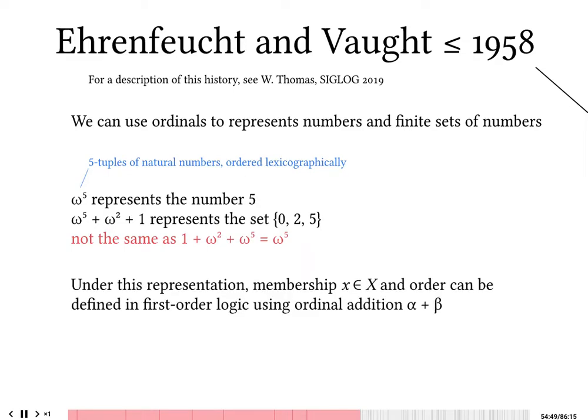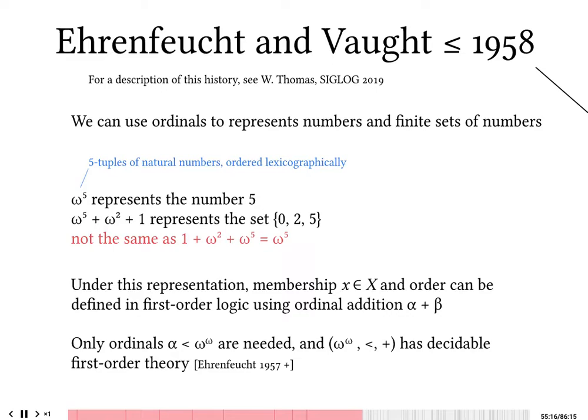And if you use this representation of finite sets as ordinal numbers, then the basic operations that you want to do on finite sets, such as membership of a number in a finite set, comparing two numbers for order, and taking Boolean combinations of sets, all of this can be defined using first-order logic, using only the operation of ordinal addition.